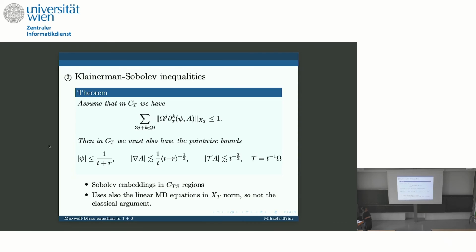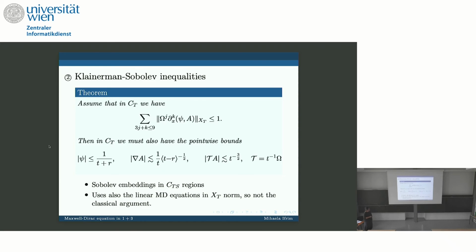I'm getting that psi decays like 1/T. And I'm getting that the normal derivative of the electromagnetic potential decays like 1/T to the 3/2. And the tangential derivatives decay as well, like T to the minus 3/2. And here I wrote the tangential derivative in terms of the vector fields you've seen, just more formally. And so how would you prove this Sobolev embedding?